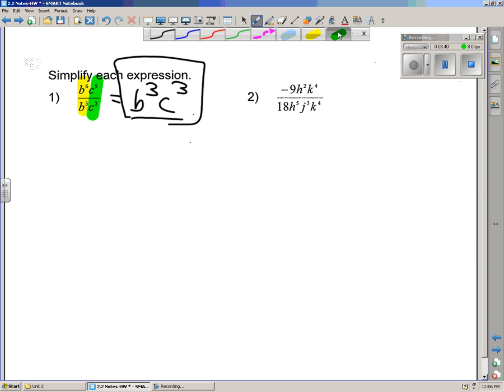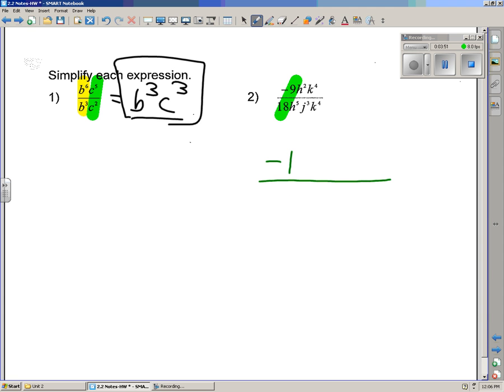When you get to the second one, don't forget that you know how to divide or simplify fractions. The fact that we've got this negative 9 over 18, it just simplifies to negative 1/2. Don't forget that. And I want the fraction, not the decimal. But then start asking yourself questions about the exponents. More h's are on the bottom, and there are more on the bottom by 3. In terms of the j's, there's only 1 set of j's on the bottom, so that can't go anywhere.